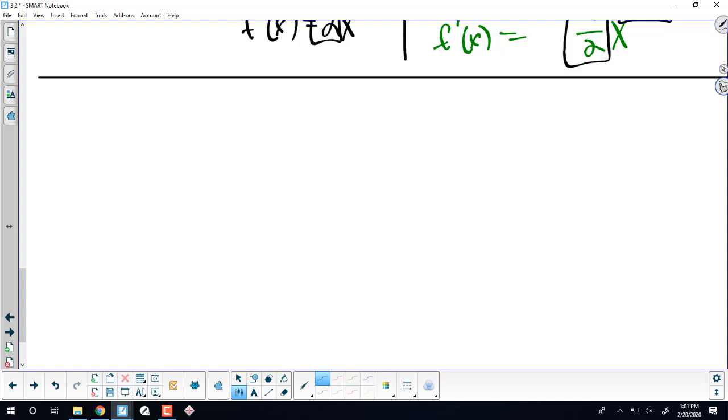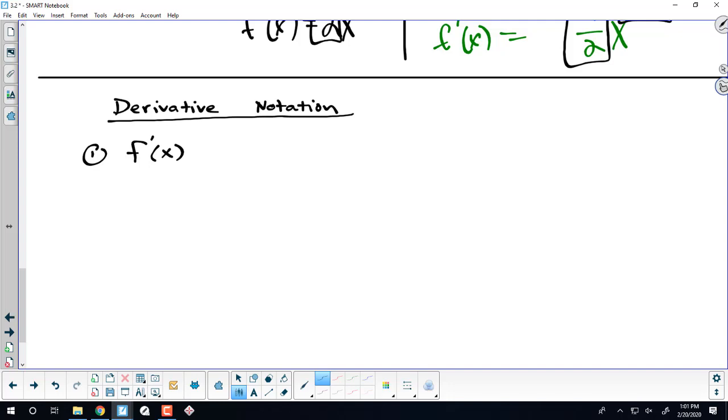So when it says find the derivative, we have derivative notation. One of them we've been using frequently, which is f prime. That means find the derivative.